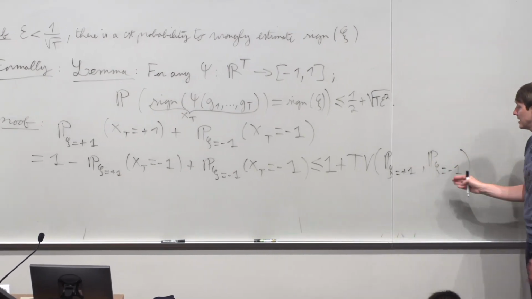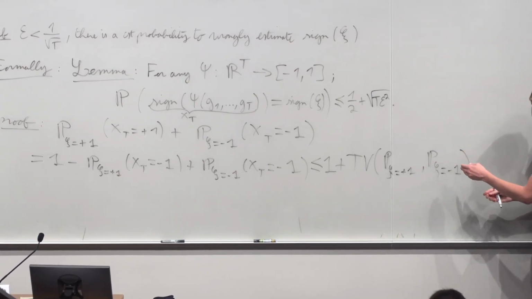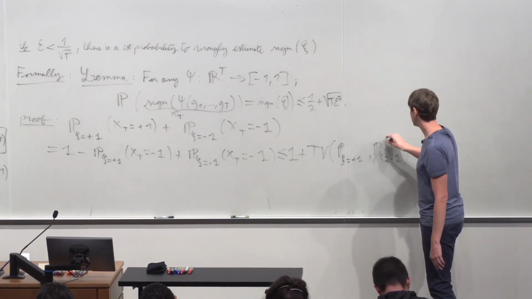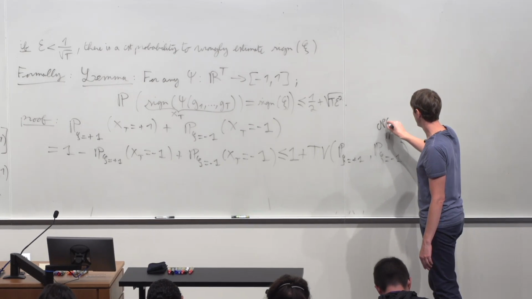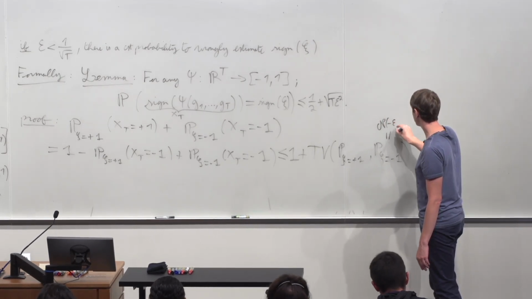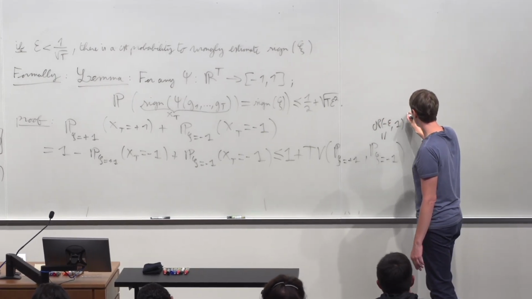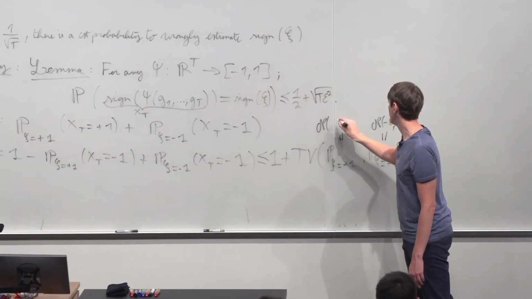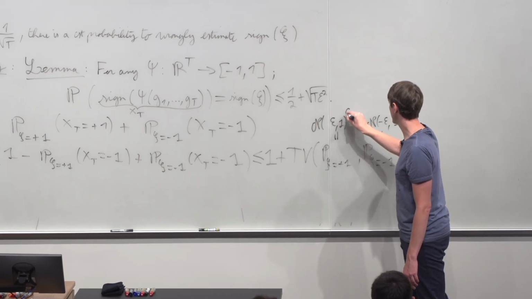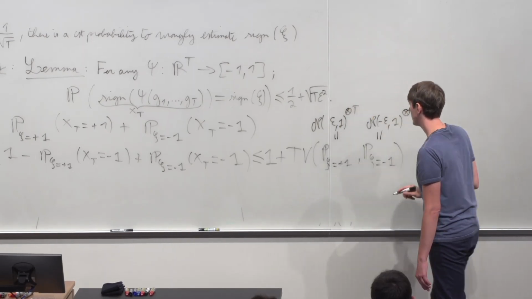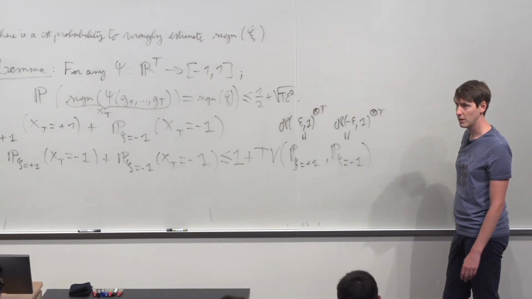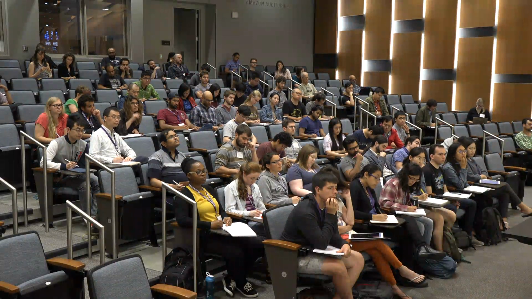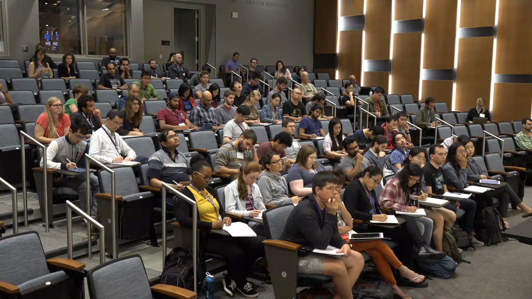Okay, and what I mean by that, what is still random in there? What's random is the sequence of observations. Okay, so this is a Gaussian with mean minus epsilon and variance 1, product T times. And this is a Gaussian with mean epsilon and variance 1, product T times, right? This is a tensor product of my probability distributions. So I have the total variation distance between these two T-tuples.